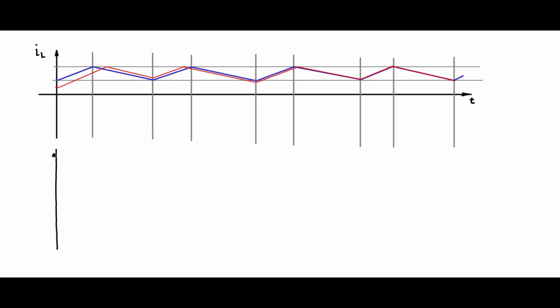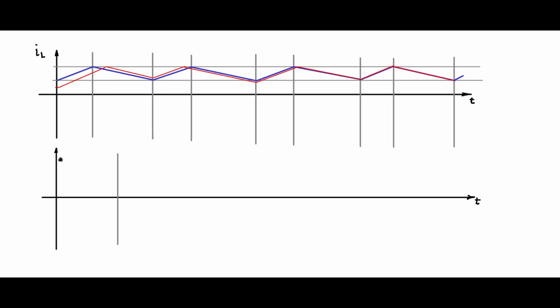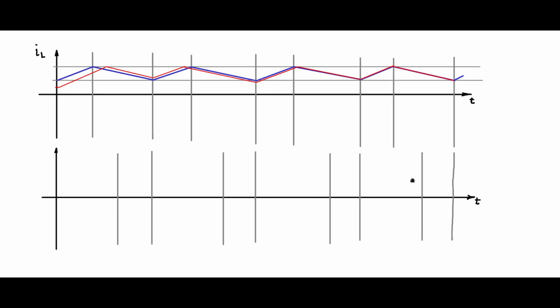Now take the example of another case, T versus IL. Now I am going to increase the duty cycle to beyond 0.5. Same time period, duty cycle is higher. Same time period, duty cycle is higher, and so on.